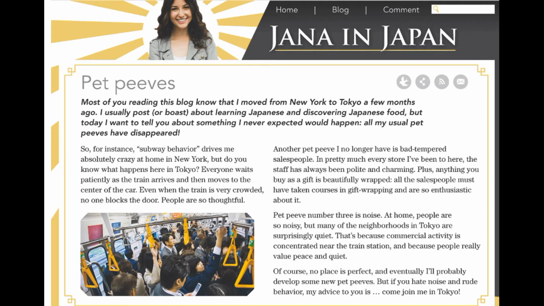So, for instance, subway behavior drives me absolutely crazy at home in New York. But do you know what happens here in Tokyo? Everyone waits patiently as the train arrives and then moves to the center of the car. Even when the train is very crowded, no one blocks the door. People are so thoughtful.